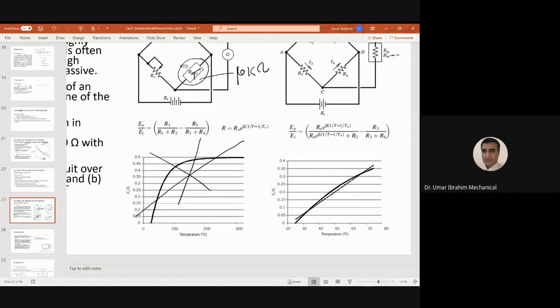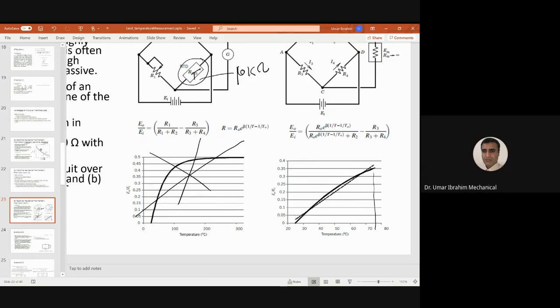But if we take a small portion of this graph, which is from 25 degrees C to 75 degrees C only, then this curve has, of course, nonlinearity, but this nonlinearity is significantly less compared to the whole range.